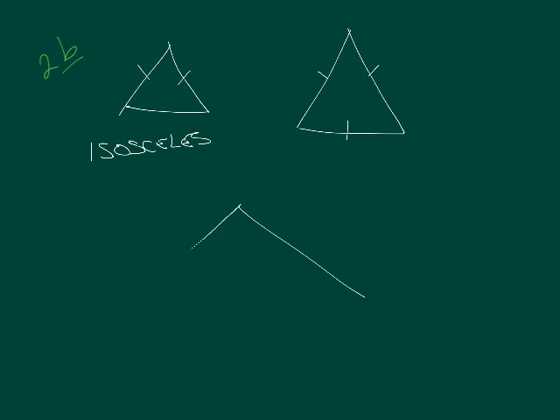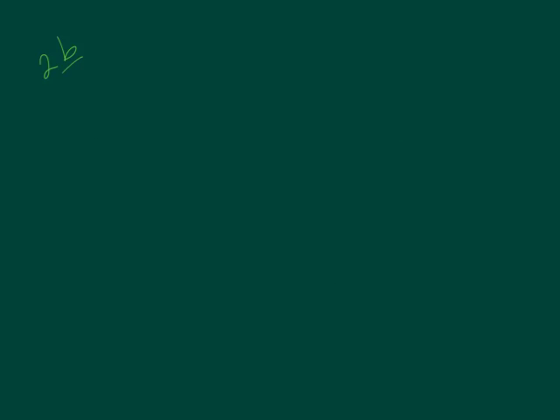And when none of the sides are the same, so if this is one length, this is another length, and this is another length, so none of the three sides are the same, it's called a scalene triangle. So something to remember there: all the different types of triangles based on the angles, and then based on the length of the sides, give them different names.